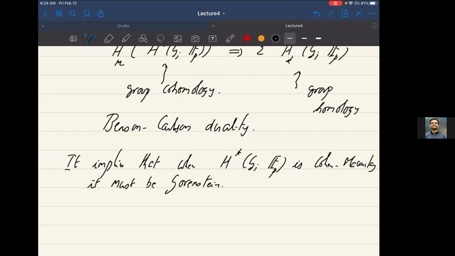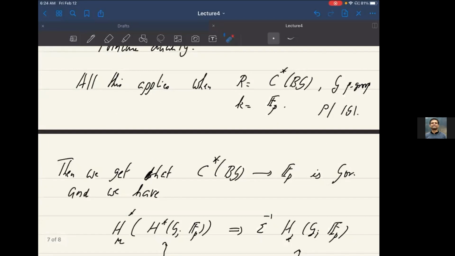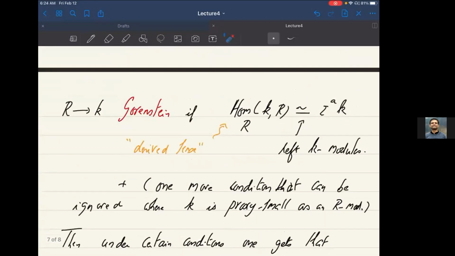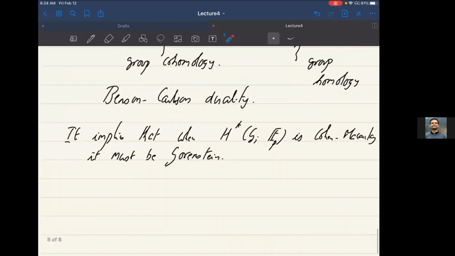And that has implications to computing the Hilbert series of this graded ring. So it's saying something special about the cohomology rings of finite groups. So this version of Poincaré duality for Gorenstein algebras in this generality recovers Benson-Carlson duality on this side.